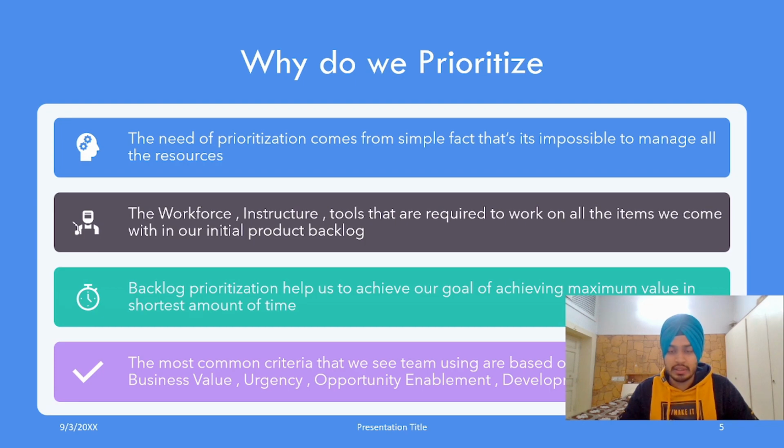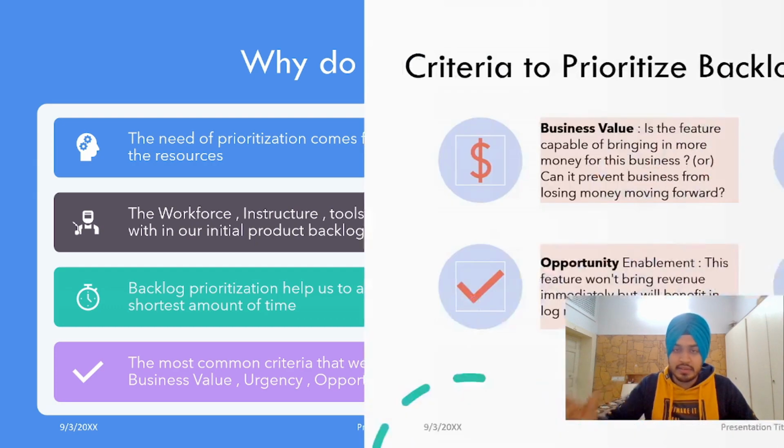This is the major point. The most common criteria that we see teams using are based on four variables: business value, urgency, opportunity enablement, and development effort. These four criteria would be discussed in much more depth in upcoming slides.